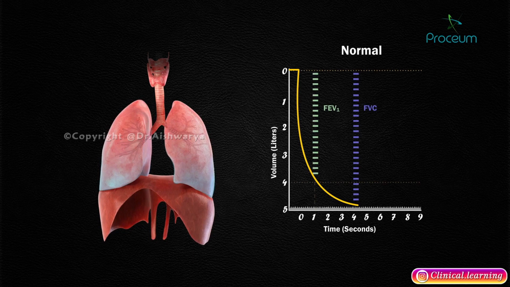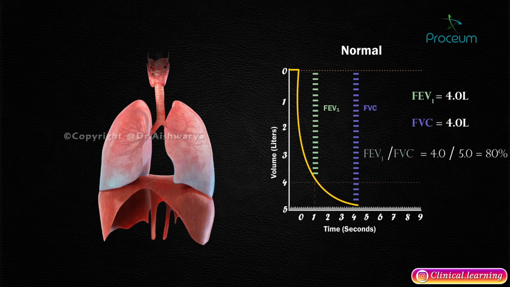The fraction of vital capacity expired during the first second of a forced expiration is referred to as FEV1, the forced expiratory volume in the first second. Here the FEV1 to FVC ratio, that is FEV1/FVC, is an extremely useful tool in diagnosing chronic obstructive pulmonary airway diseases.